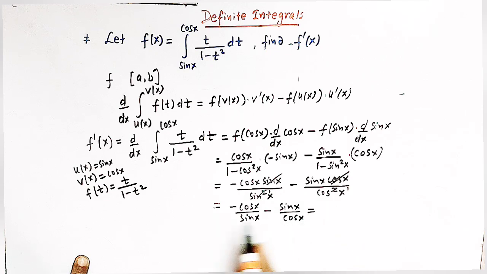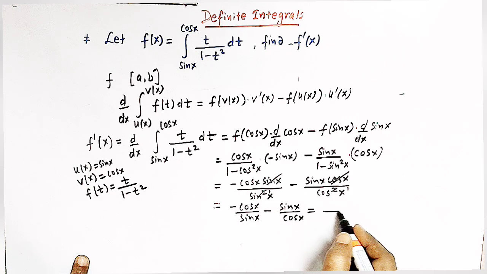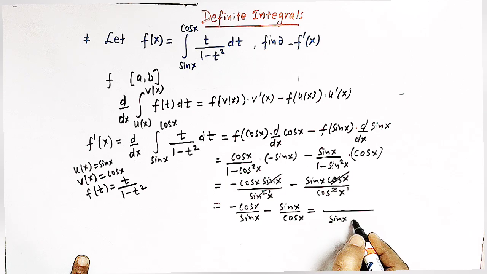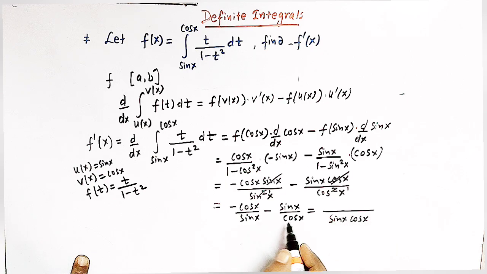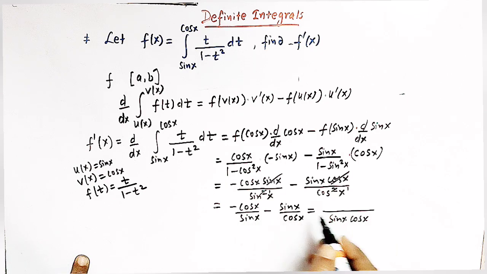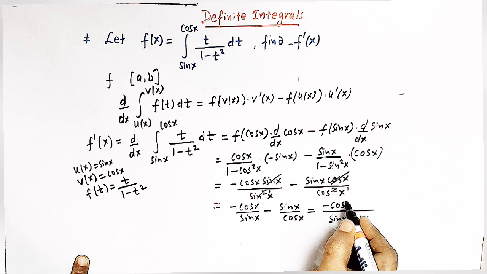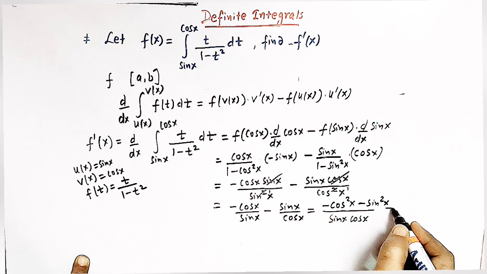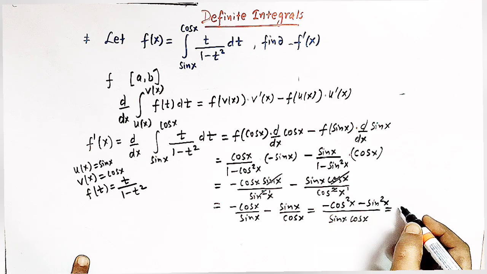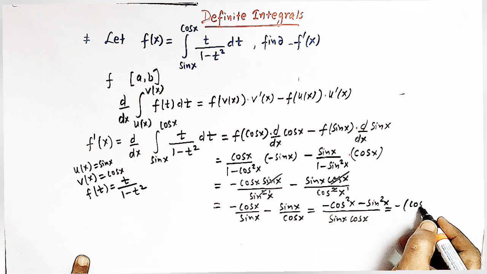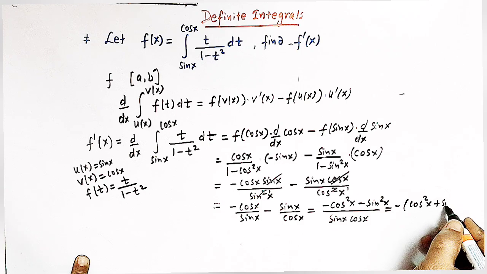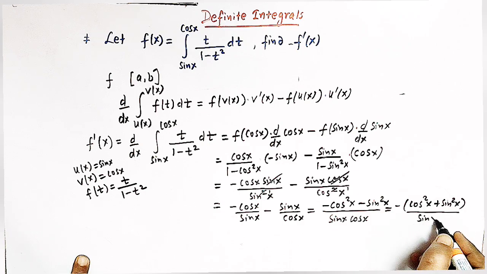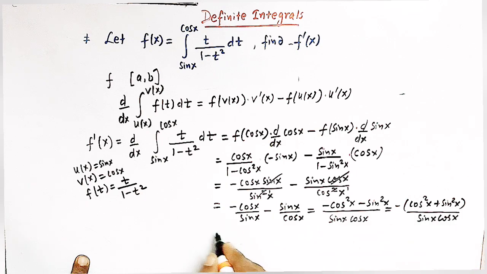Let us simplify it by taking the LCM. Here we have sin x cos x, and by taking the cross multiplication we have minus cos square x minus sin square x, and taking the negative sign common we have cos square x plus sin square x divided by sin x cos x.